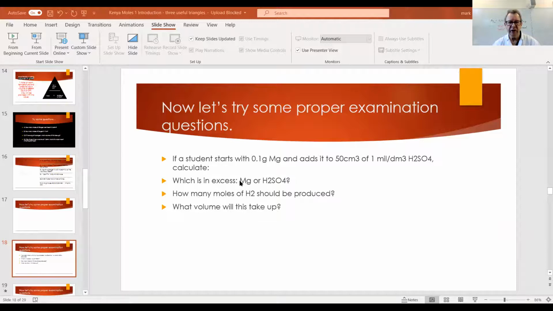Start with the first triangle for that, the second triangle for this, and then that should allow you to look at the equation. One of these there'll be much more of. There'll be lots of it left over, one of them. So then you look at the other one and you decide how much hydrogen we produce because it's 1 to 1. And then work out using the third triangle what happens here. So pause it now and try and work it out.